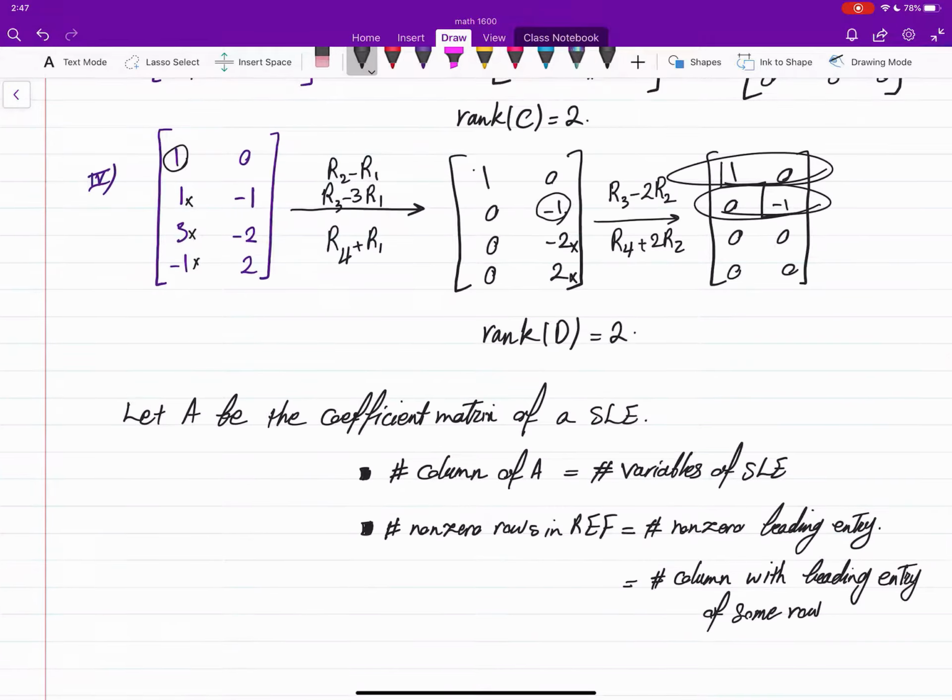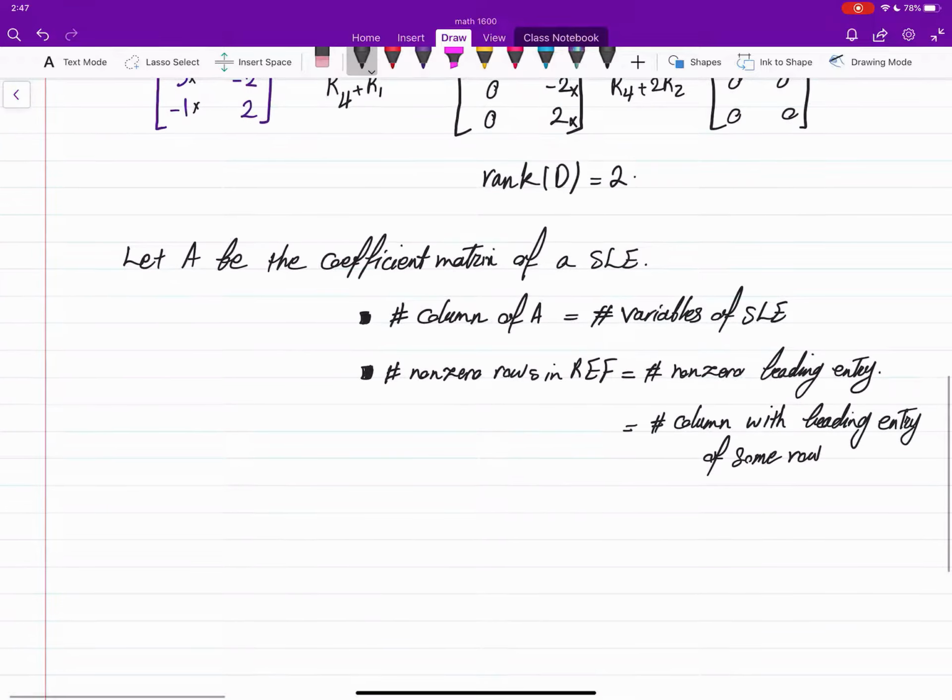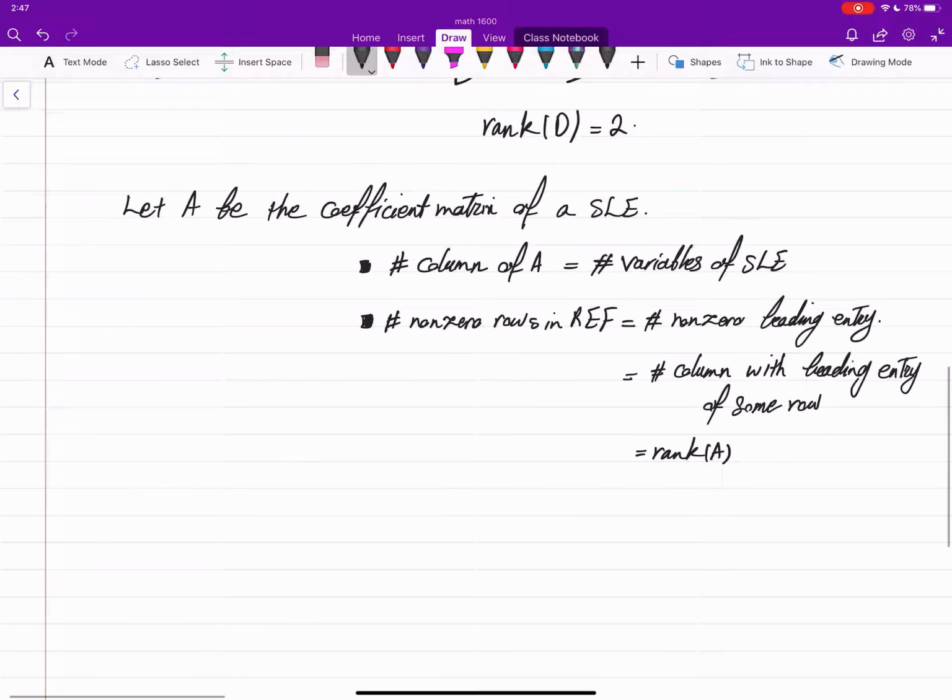In other words, we found another way of counting the rank of the matrix: count the number of columns with a leading entry.